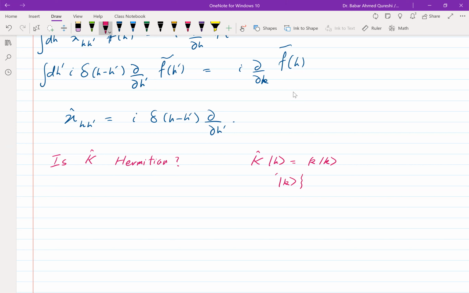So all these |k⟩'s, with k real, are eigenvectors of K with real eigenvalues.